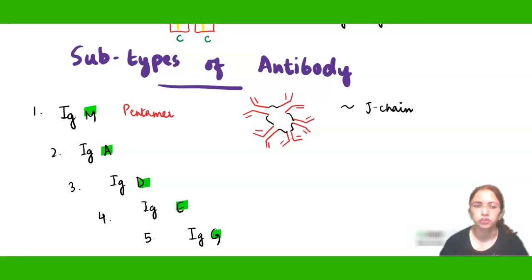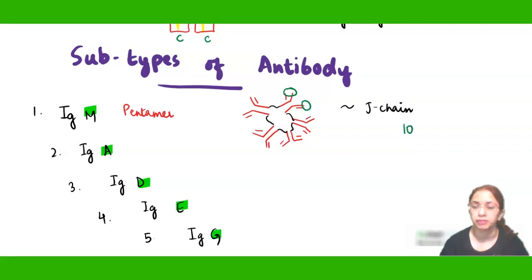So this kind of antibody is pentamer in nature, and as you have seen, each antibody has 2 antigen binding sites. So this is our 1 antigen binding site, this is our 2 antigen binding site. Because it is pentamer in nature, that means 5 antibody structures we have to make. So if 1 has 2, then how many antigen binding sites will be there in 5?